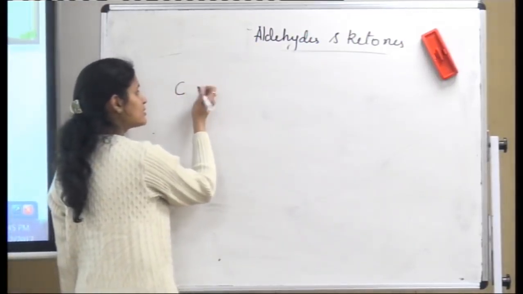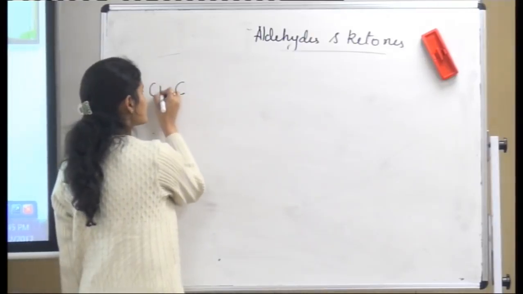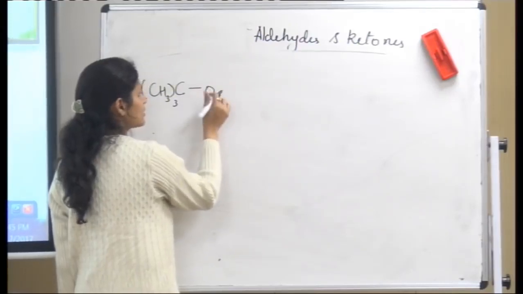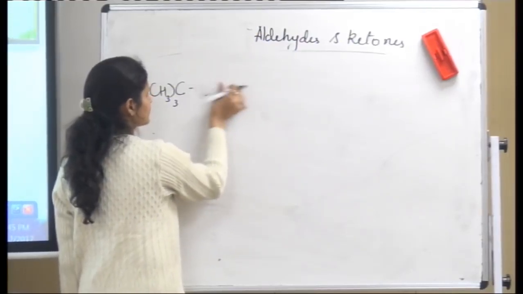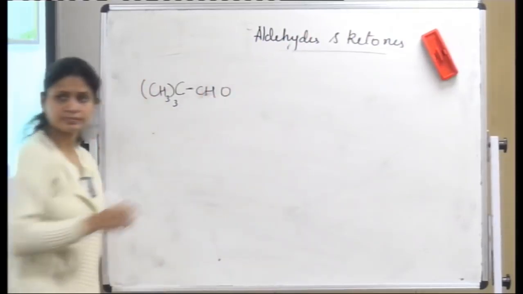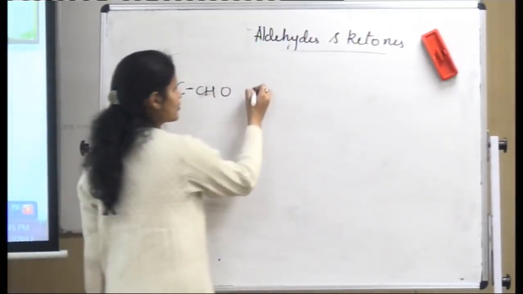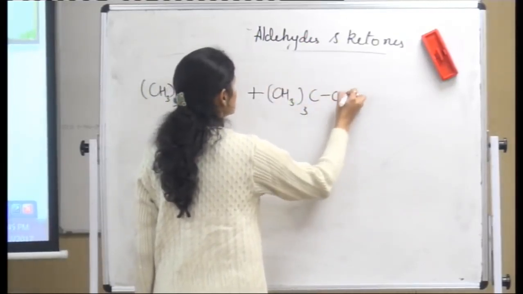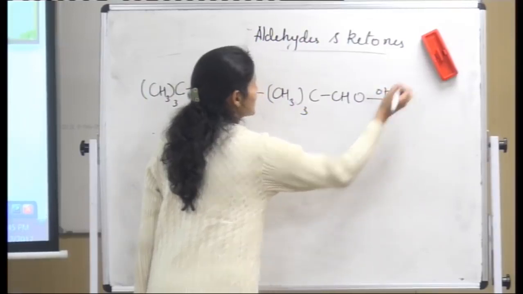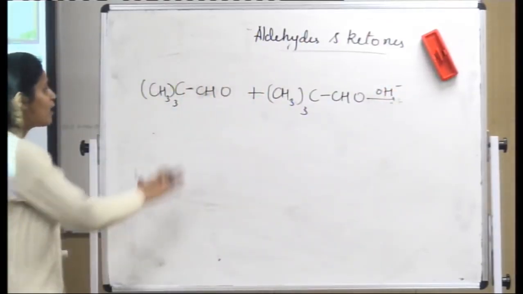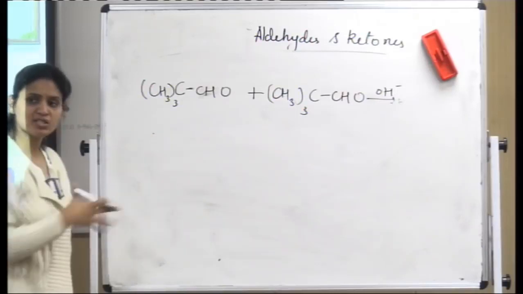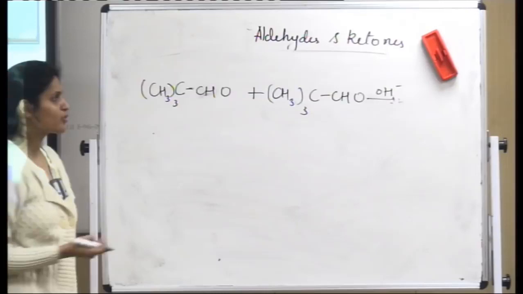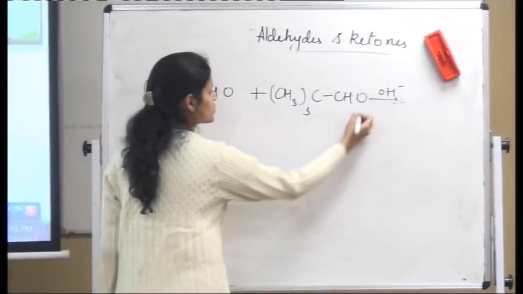Take (CH3)3C-CHO and the same compound, that means (CH3)3CCHO, in the presence of base. What should be the product? I can see that both reactants do not have alpha hydrogen. That means whatever reaction takes place, it would be Cannizzaro reaction. Obviously it is not a cross Cannizzaro reaction. What should be the possible product?